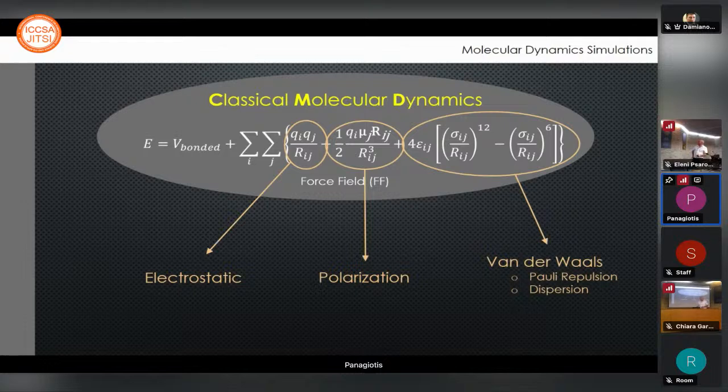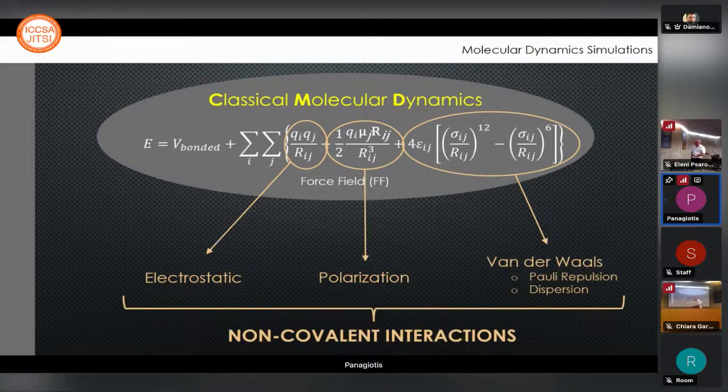These are quantum effects that classically cannot be represented in principle, but normally in the force fields you try to represent them as much as possible, to reproduce these effects using analytical potentials like this potential, which is called the Lennard-Jones potential. All these terms make up what we call non-covalent interactions. So in classical dynamics simulations, we have an explicit numerical form for each of these non-covalent interactions.